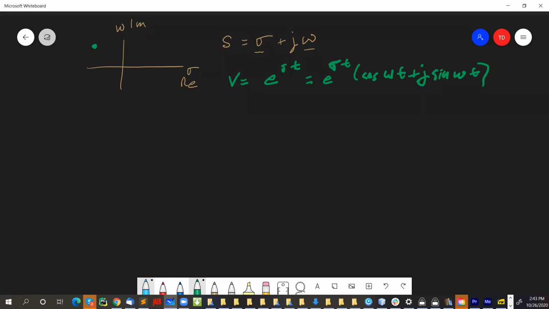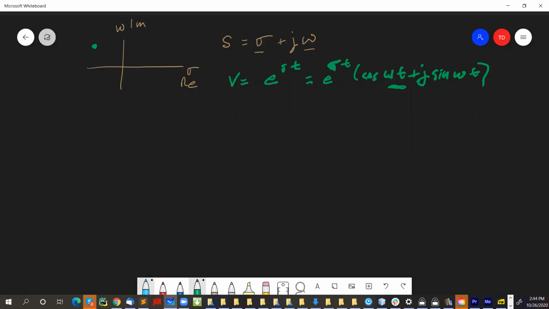All right. So it's a function that varies sinusoidally with time in this way, but it also decays or explodes with time according to the real part. So this general form for the voltage as a function of time describes all these oscillating functions that decay or explode.